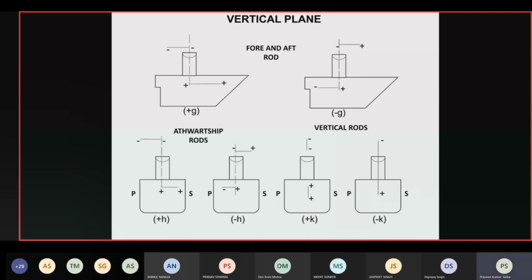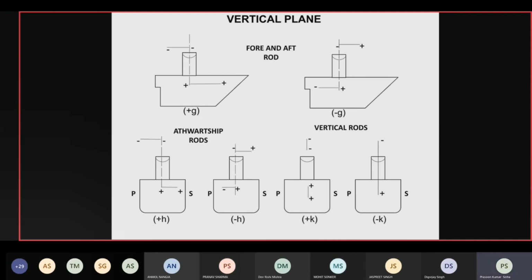Remember that each of them is going to produce some kind of deviation. The deviation that they produce will be a factor of the course that they are doing. I mean, the course the ship is doing. Some of them produce deviations which are a function of cos of the course. Some of them produce deviation which is sine of the course.